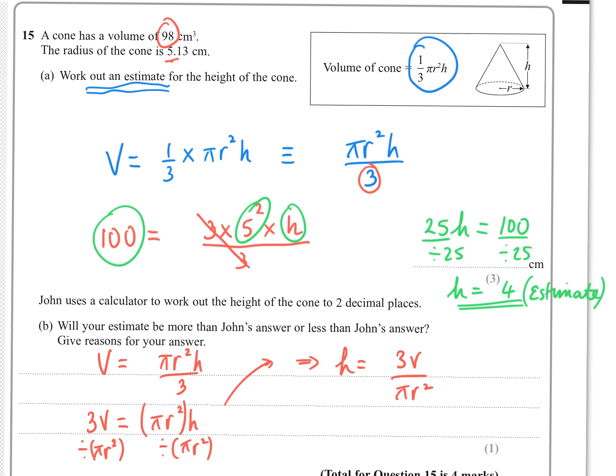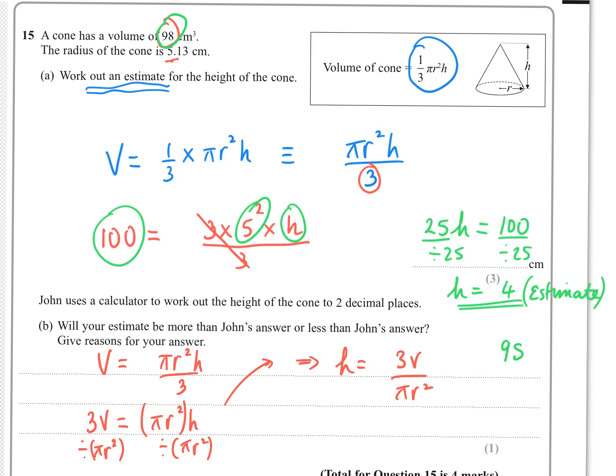Well, how does that help us work out the answer to the question? You know, will your estimate be more than John's answer or less? Well, he uses a calculator to work out the cone's height to 2 decimal places, and we've got to remember the figures that we used here.